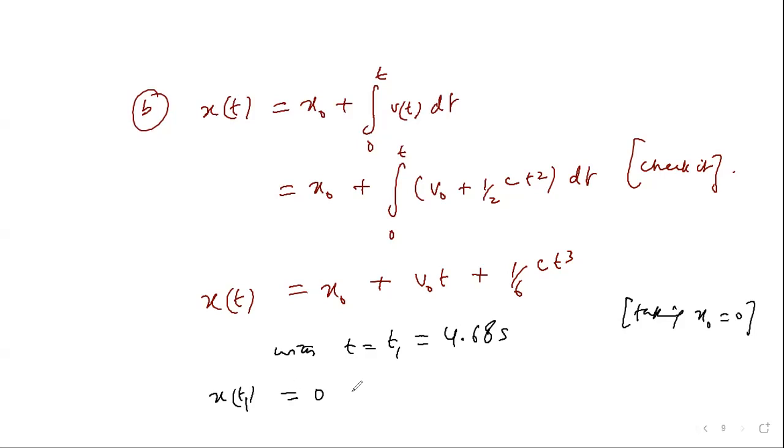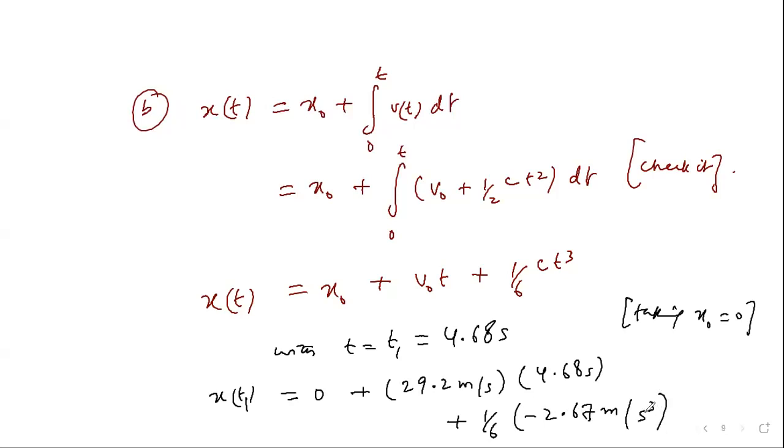Which is plus v0 t. V0 is what? 29.2 meter per second. Substitute for time, which is 4.68 seconds. Then you have plus 1 by 6, and you have the value of c, minus 2.67 meter per second cube.